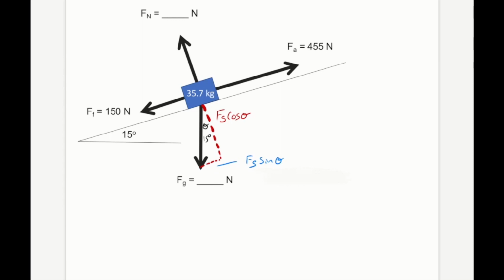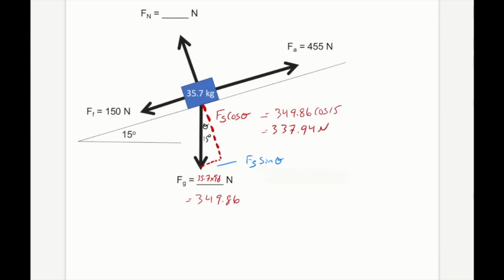Fg we can solve right off the bat. Fg is going to equal our mass, which is 35.7 times 9.8, which is equal to 349.86 newtons. To find Fg cos theta, we're going to take 349.86 times cos 15, which equals 337.94 newtons.